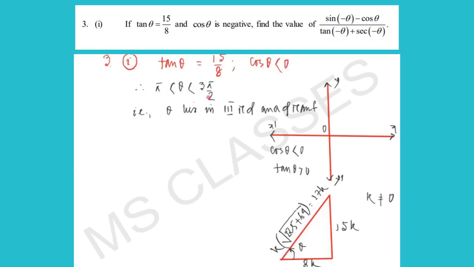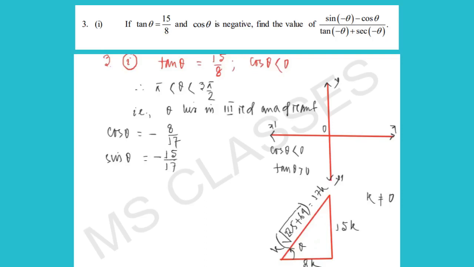Here nothing is given, but you can conclude from tan positive, cos negative, which quadrant? Third quadrant. Now in the third quadrant, cos negative, tan positive. Now if I want to find the value of cos theta, cos theta equals minus 8 by 17. Sin theta will be 15 by 17, obviously minus, this is the third quadrant.